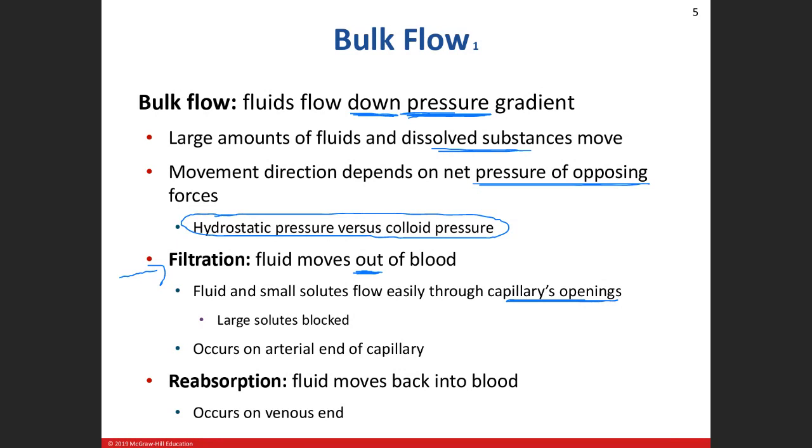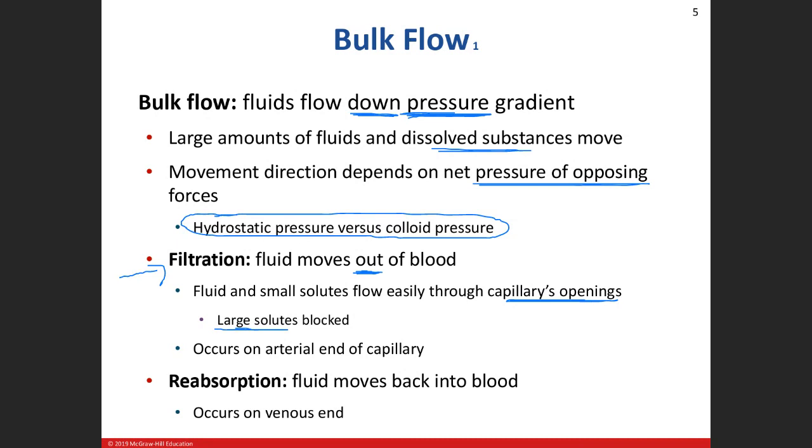But for the most part, the large solutes, i.e. proteins, should be blocked. They'll stay. That's important. We should not see the movement of proteins unless there's a pathology going on.